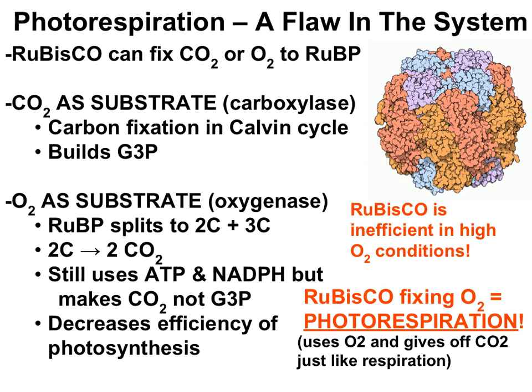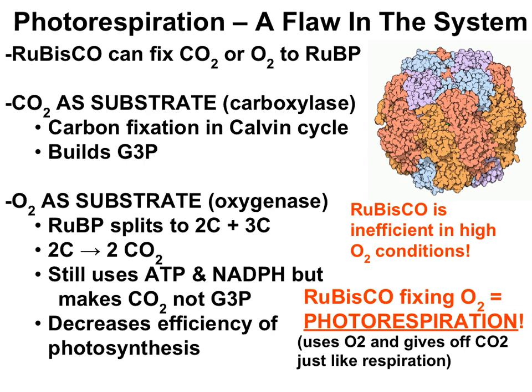But then the carbon dioxides just end up going back into the Calvin cycle to make RuBP. So when Rubisco acts as an oxygenase, the process uses NADPH and ATP, but doesn't make G3P. Basically, the plant is just wasting ATP and NADPH, making photosynthesis a lot less efficient.